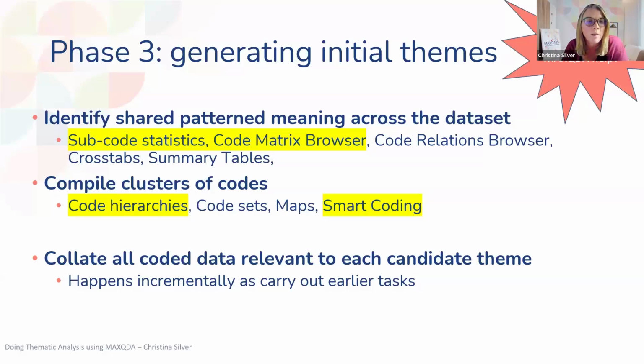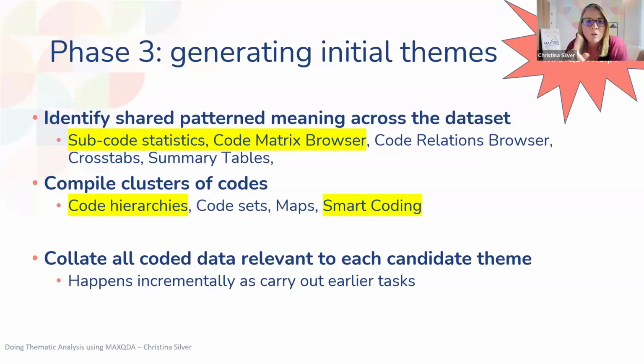There's several here. I've got illustrations to show you today of subcode statistics, the code matrix browser, code hierarchies, and the smart coding tool. But you can see by looking quickly at this slide that there are all kinds of other tools that are also usefully helpful for this phase of generating initial themes.